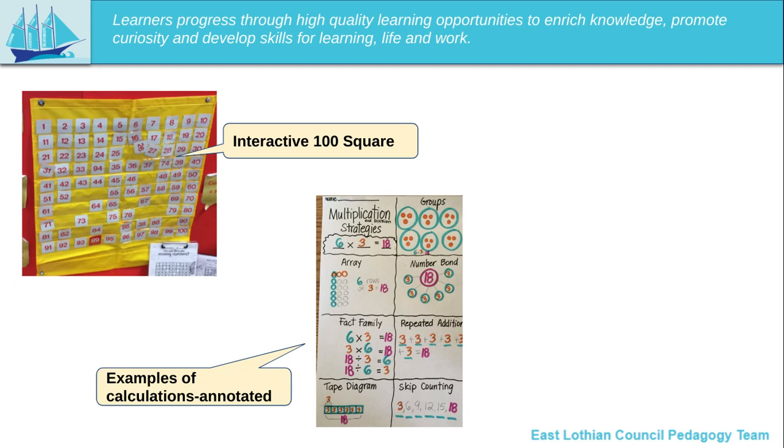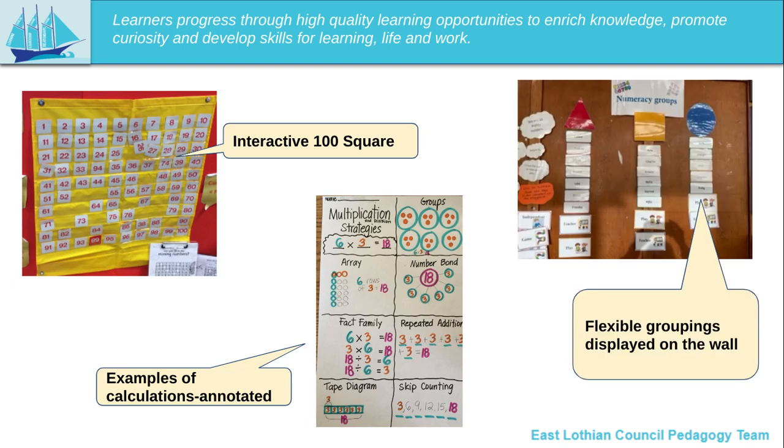And then you might want to display your flexible groupings on the wall, and this allows children to see who they are working with and the order of the tasks they will be doing within the lesson. If you use rotations, they can maybe see that they're starting with the teacher job, or they're maybe starting with a game, but again, it helps you to run a smooth classroom.